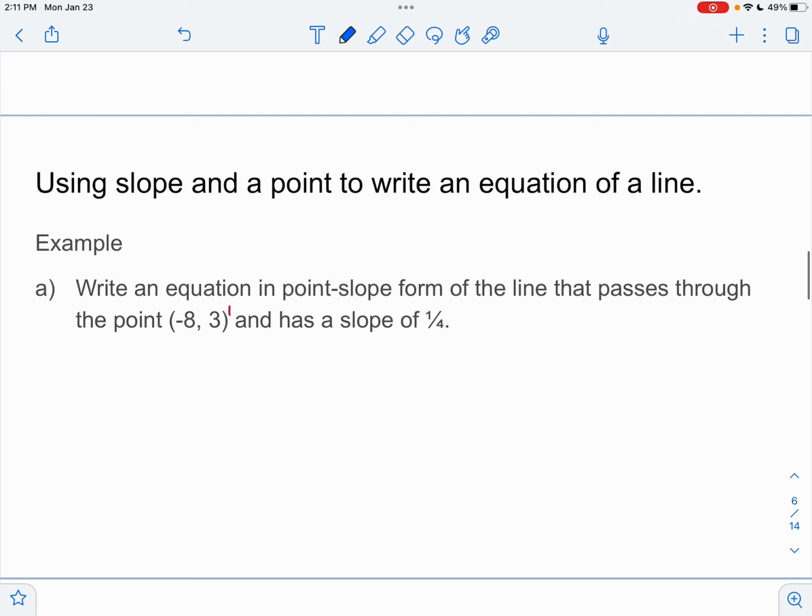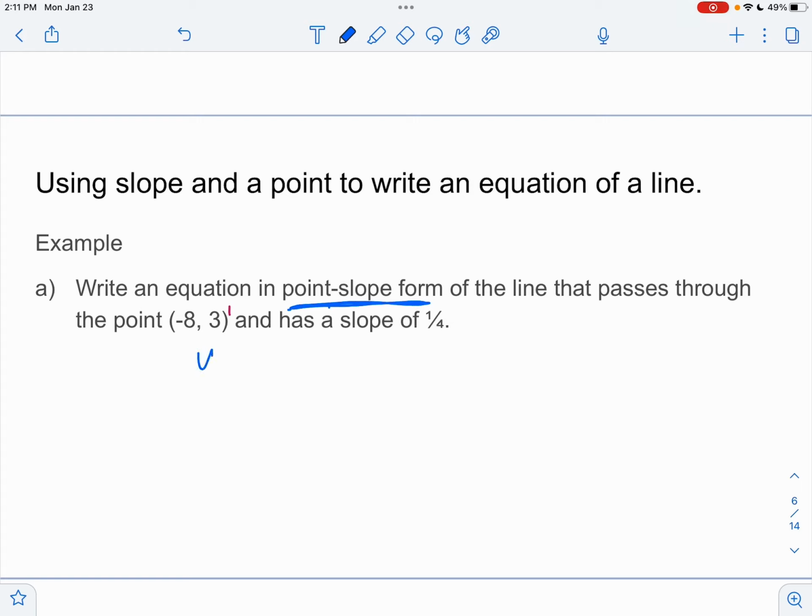So first example, we're going to write an equation of a line in point slope form. On your homework, it's going to be really important that you pay attention to the instructions and what form it's asking you for. If it says point slope form, then our final answer will not have y by itself.